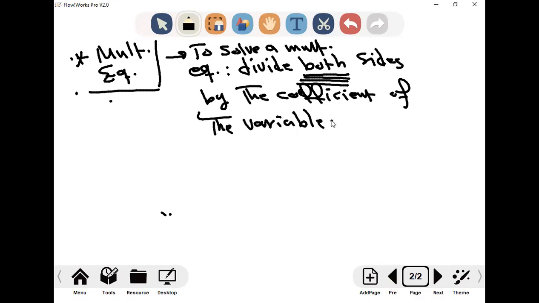You take the coefficient and divide both sides by it. Example, from me, not from the book.